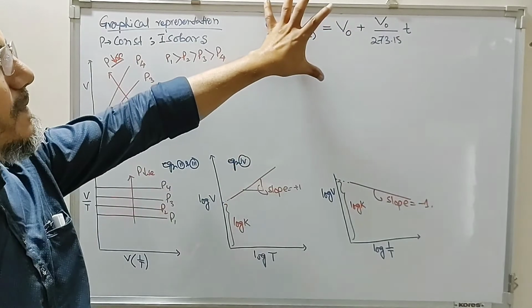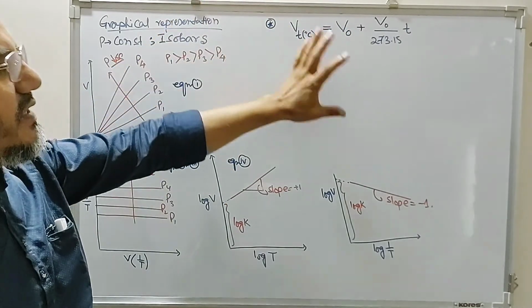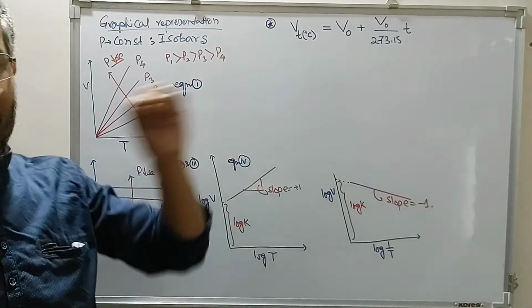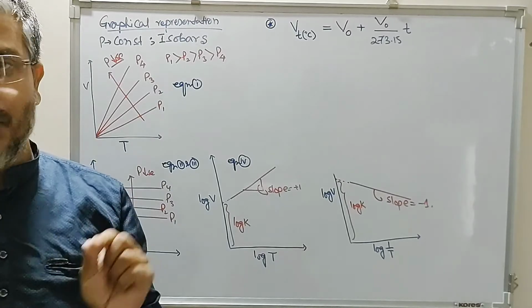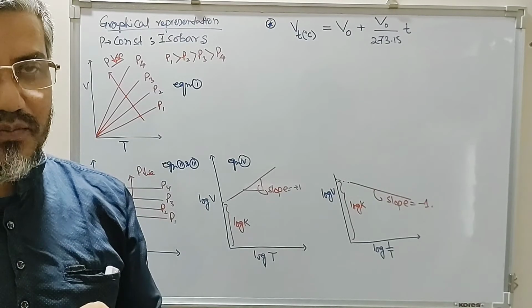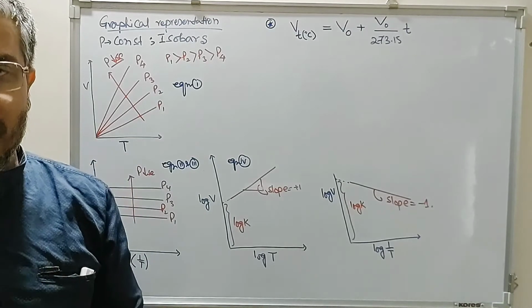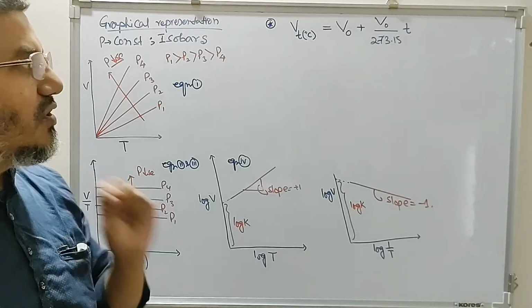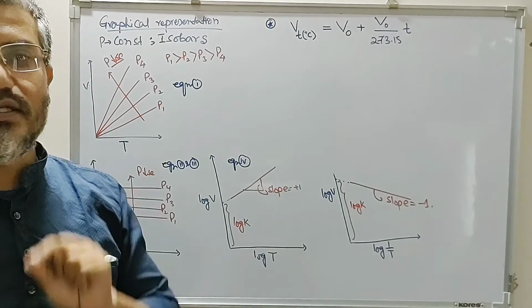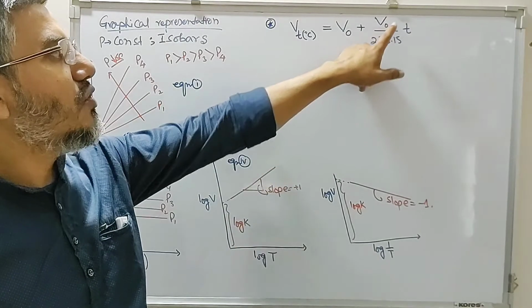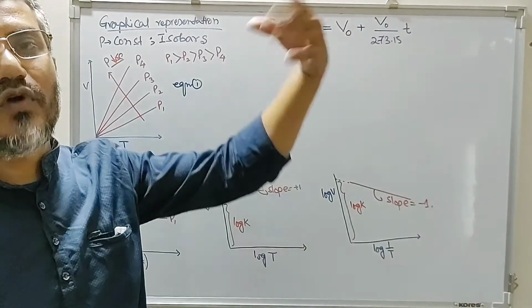So look at this. For every gas, if the temperature is increased by 1 unit, the volume occupied by the gas increases by a factor of V naught by 273.15.